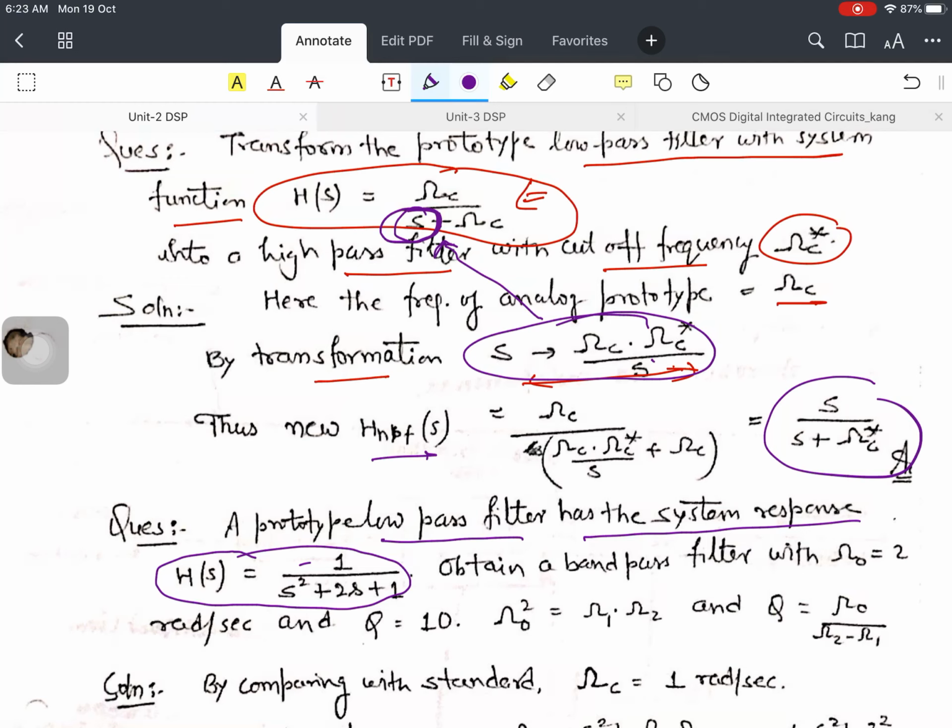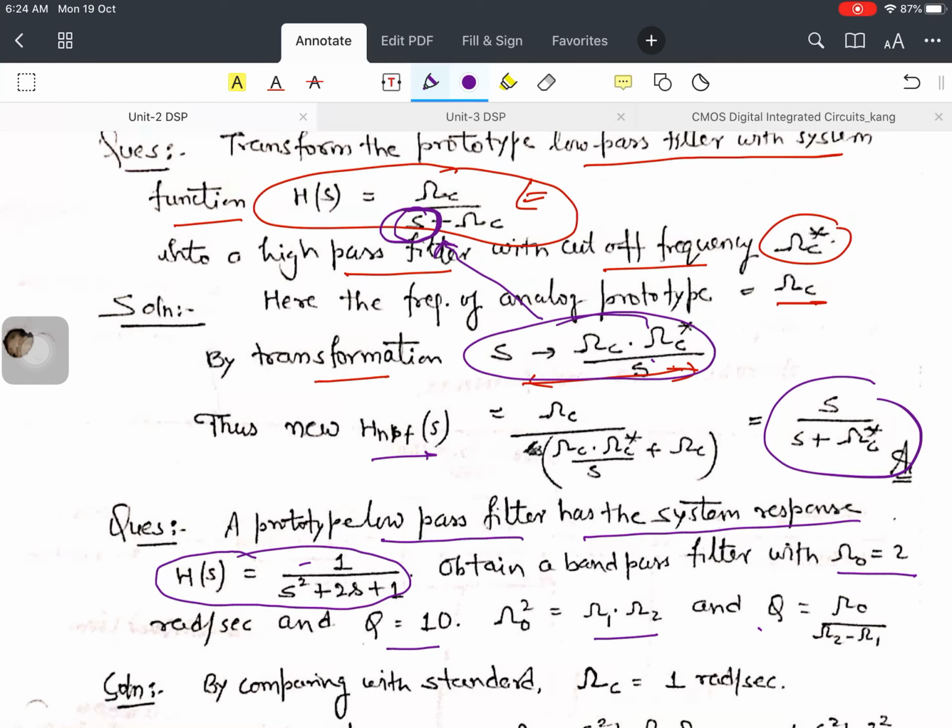Obtain a band pass filter with Ω naught equal to 2 radian per second and Q equal to 10, where Ω naught square equals Ω1 into Ω2 and Q equals Ω naught upon Ω2 minus Ω1. So this data is given to you in the question. Clear?